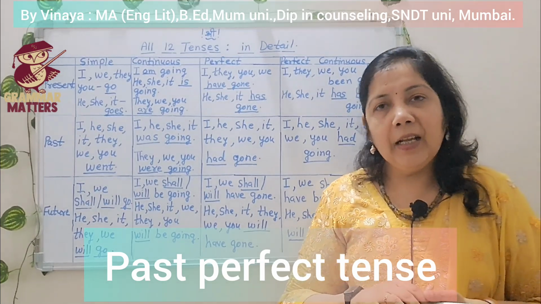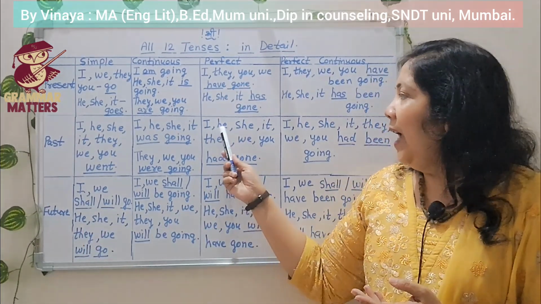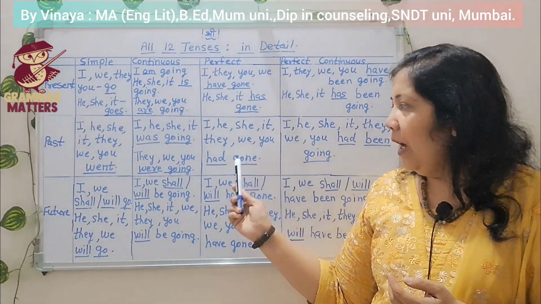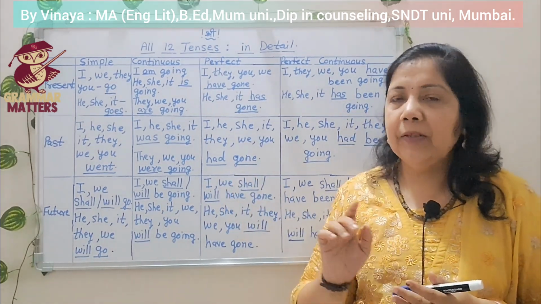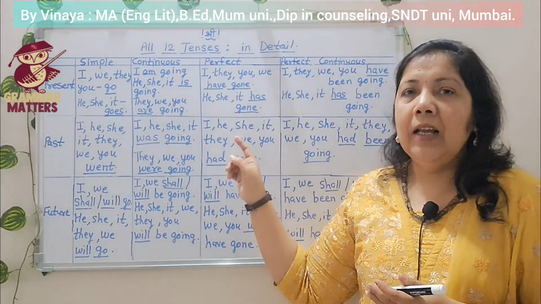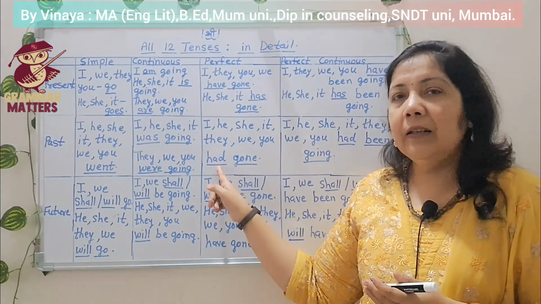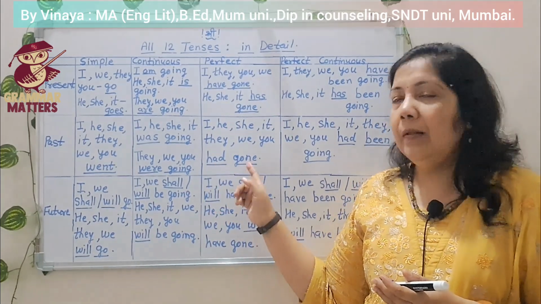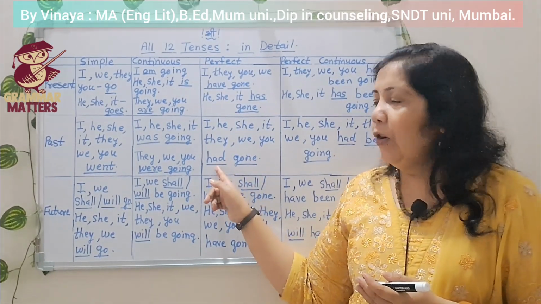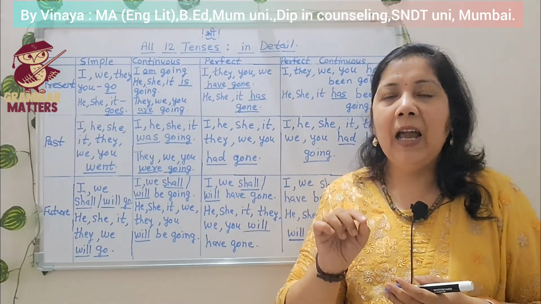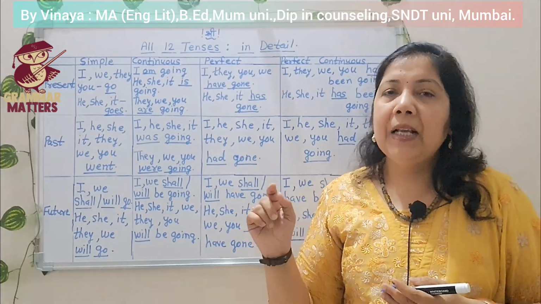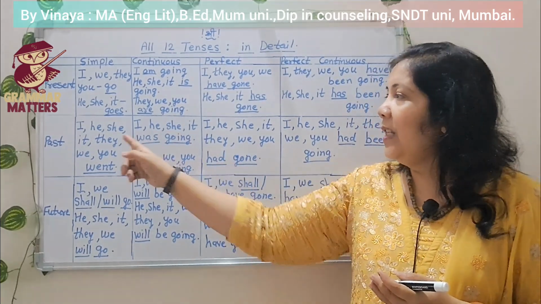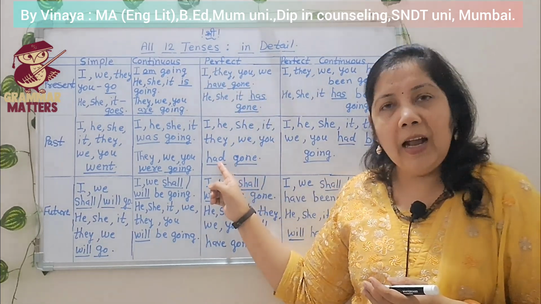Past perfect tense. I, he, she, it, they, we, you had gone. That means for all the 7 pronouns, only one had comes, and then the past participle. What is had? Past tense of have or has. Since the tense is past perfect, we have taken had.